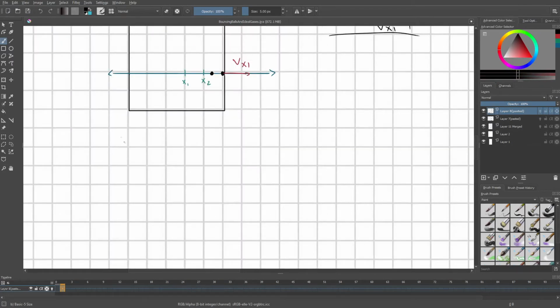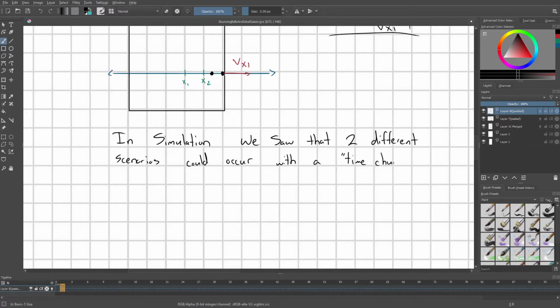So in our simulation, we saw that two different scenarios could occur with a time chunk of L over Vx1.